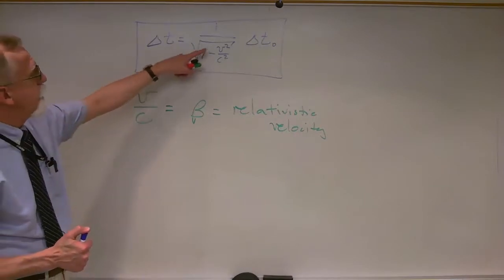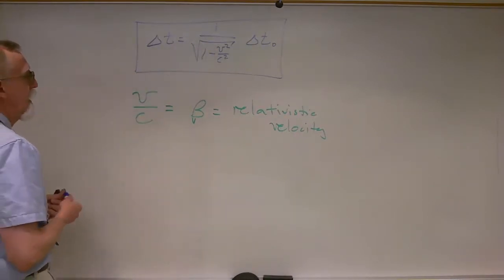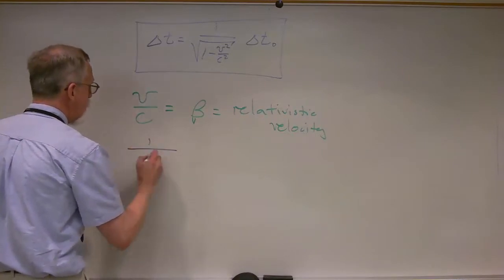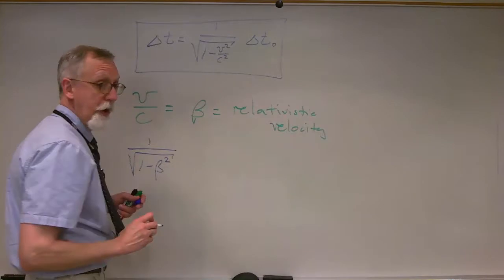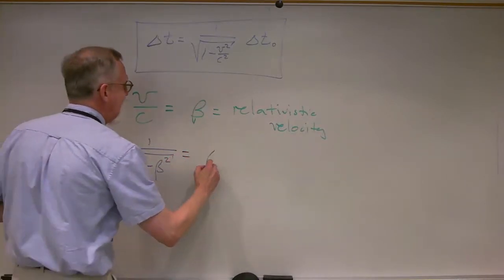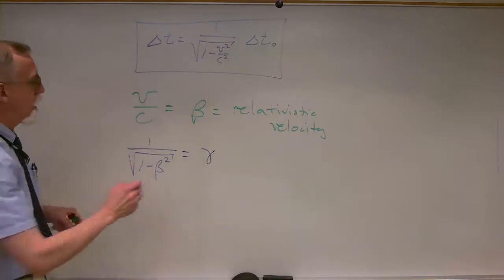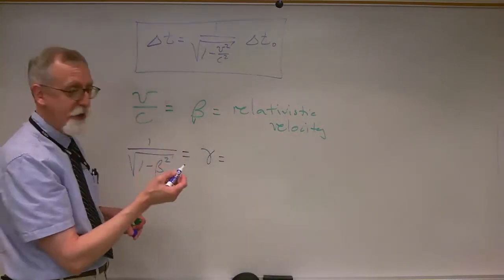Well, using that, we've got V squared over C squared. We can write this thing then as 1 over the square root of 1 minus beta squared. This quantity is what we will call gamma. And gamma is what we will refer to as the relativistic factor.